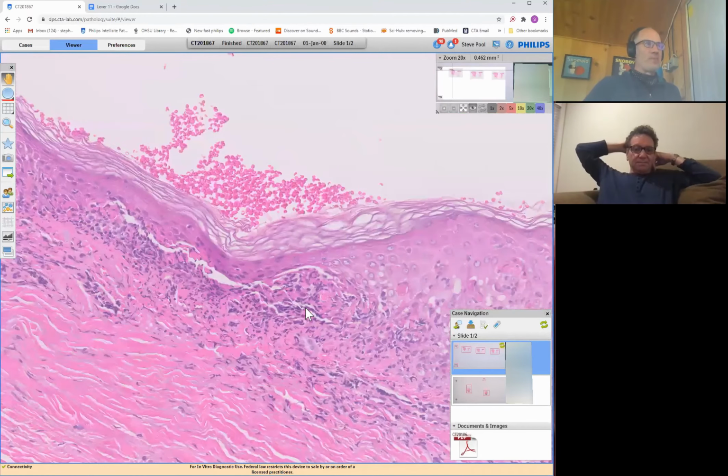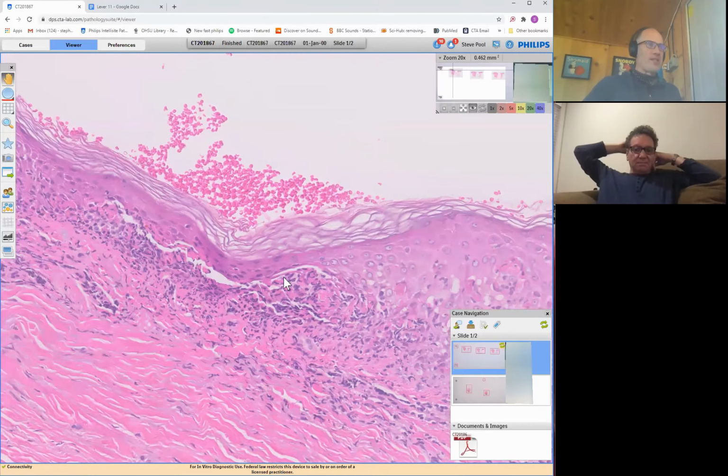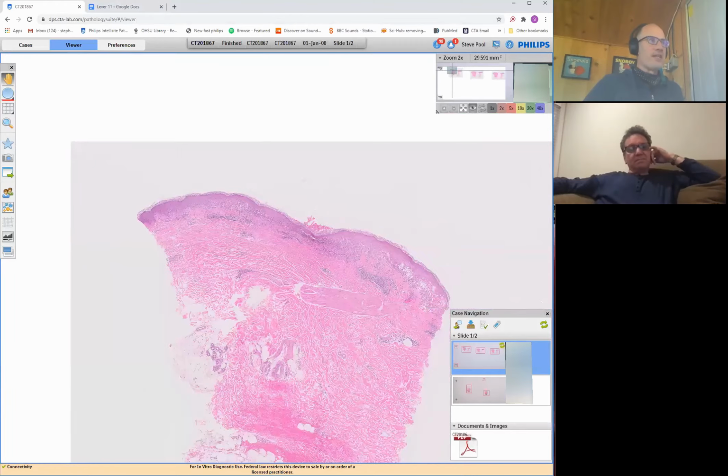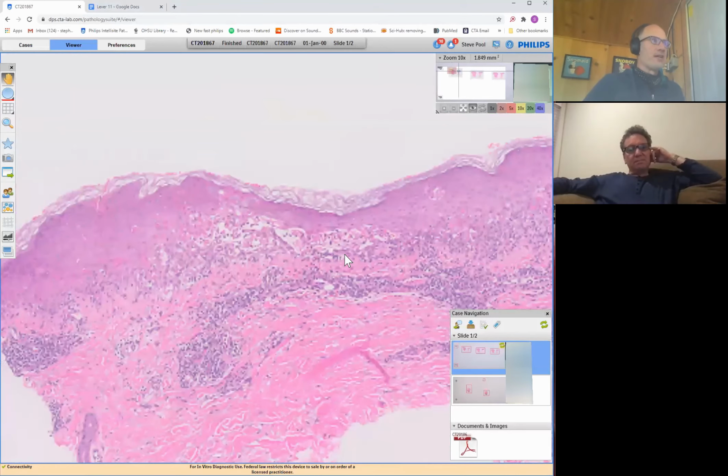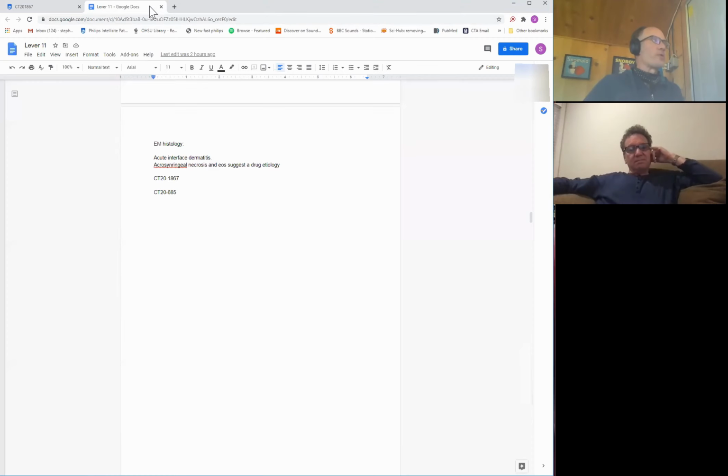And then in the middle of the lesion, which I think corresponds to that darker red zone, here's where the epidermis is actually starting to separate. And I believe my second case has full epidermal necrosis, so we'll take a look at that.